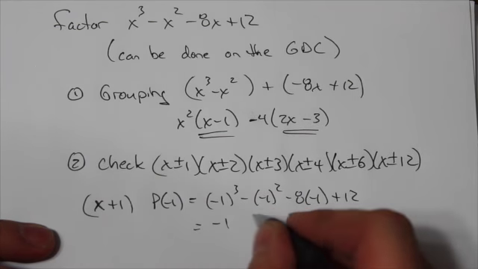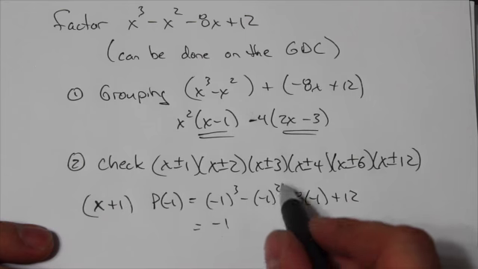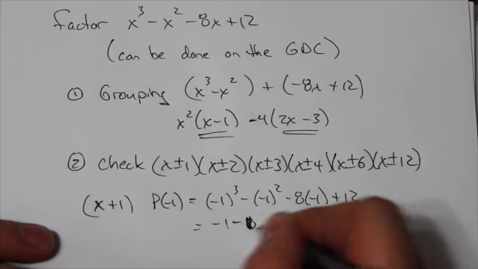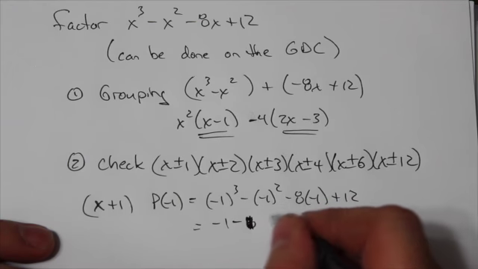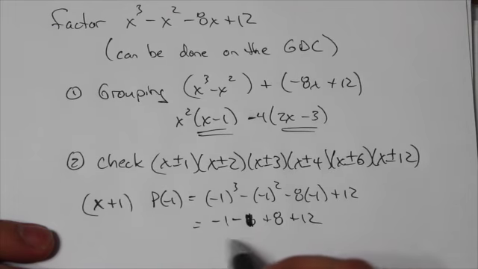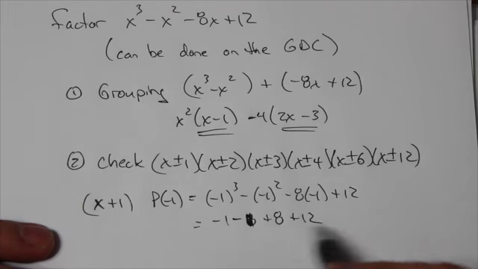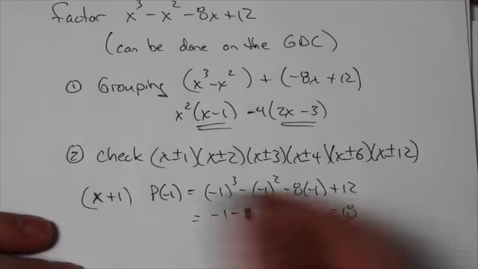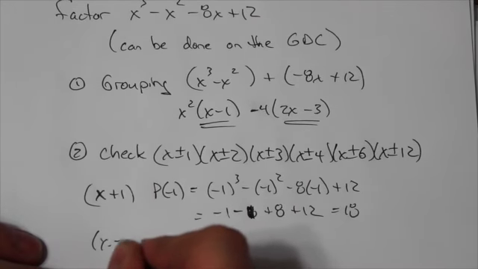That's negative 1, negative 1 squared is positive 1, minus 1, and this will be plus 8 plus 12. That's negative 2 plus 20, which is 18. There's no way that was going to go to 0, so that's obviously not a factor. We move on to the next one.